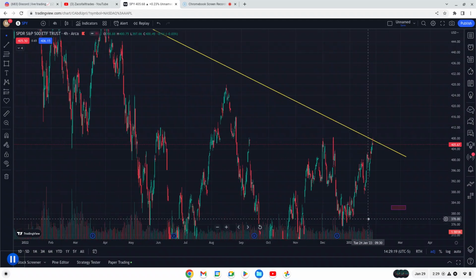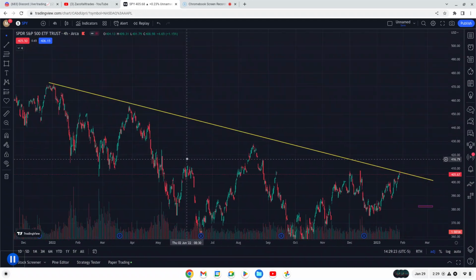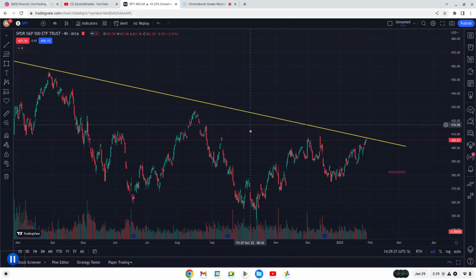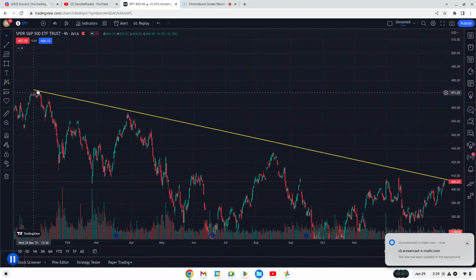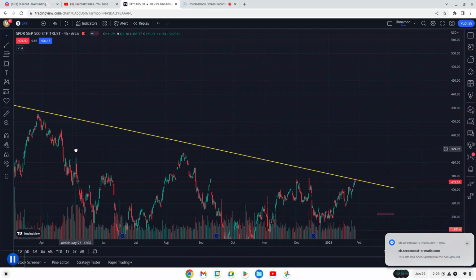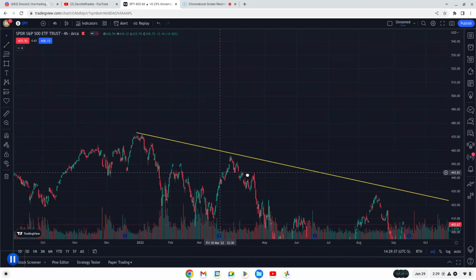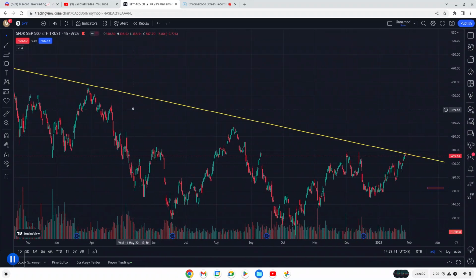Because when you go back and zoom out, you see in the past, we only hit this trend line once right here, and now we're basically hitting it again. But every time we got close to the trend line, we sold off.